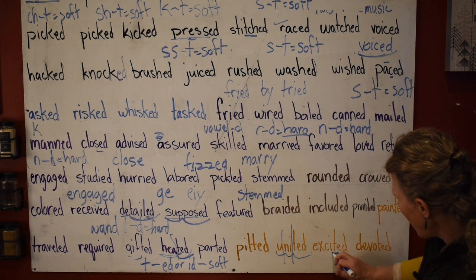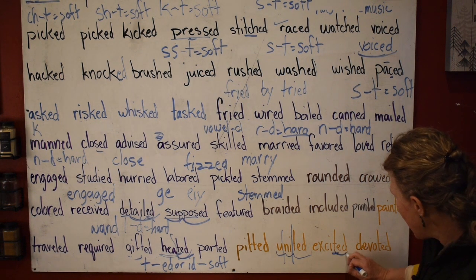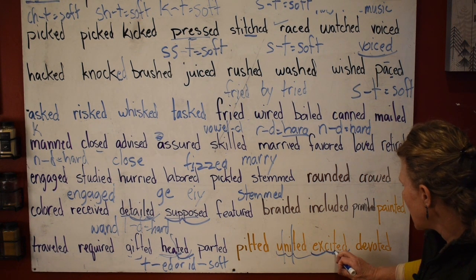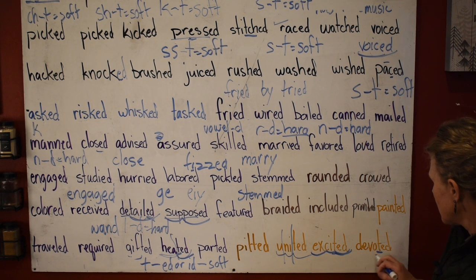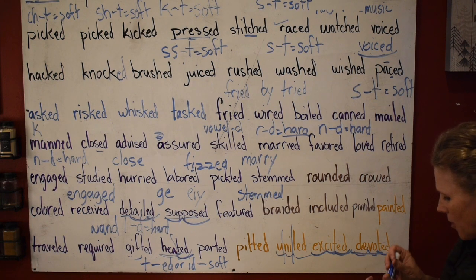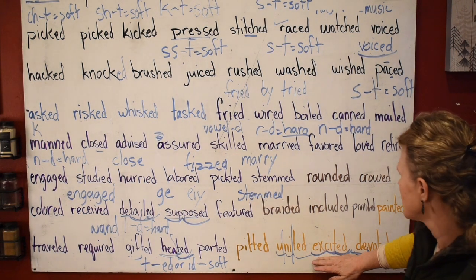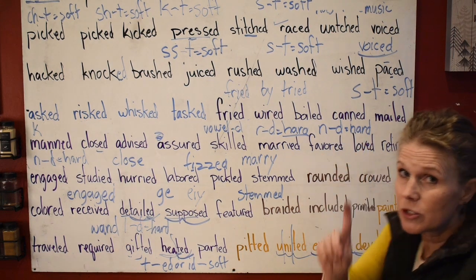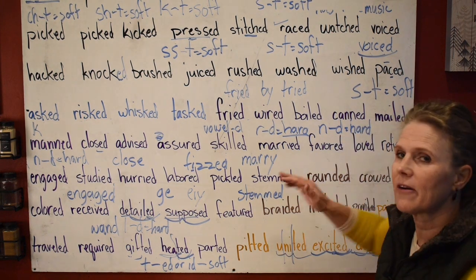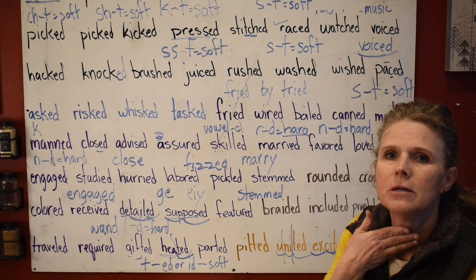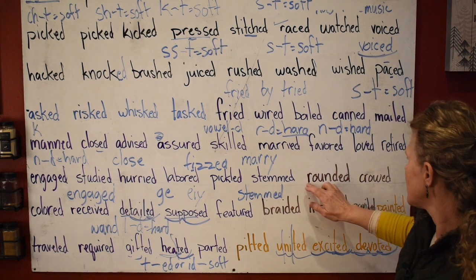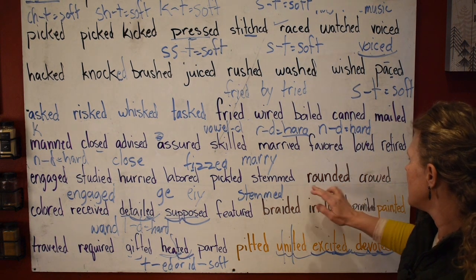Excited. See the soft T sound. It's saying ed. Excited. Devoted. Your base word is devote. Base word is excite. Now, we're going to go with the hard D sound. Feel your throat. D, d. It totally moves. D, d, d. This says round, ed.